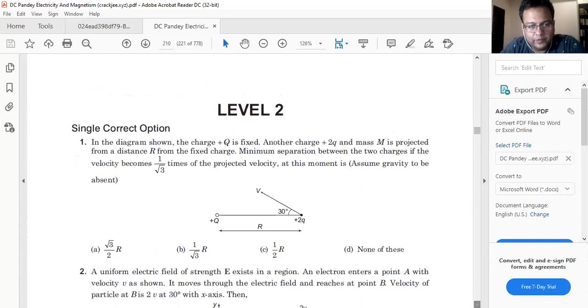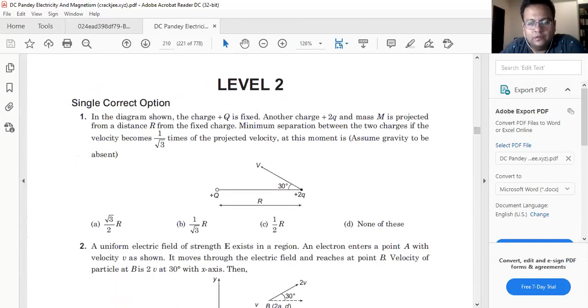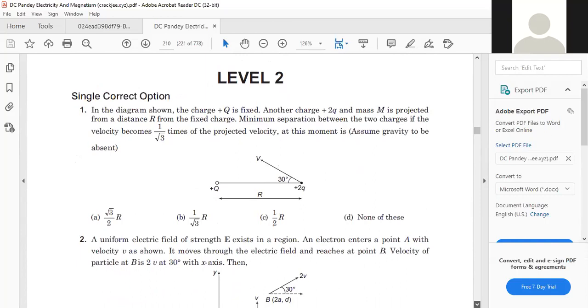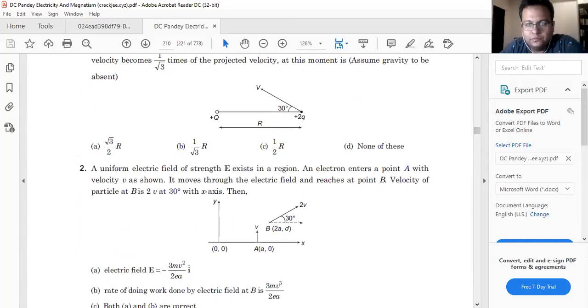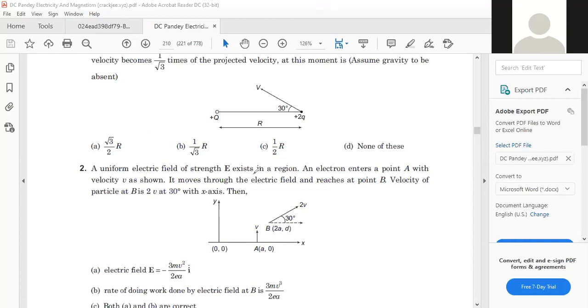Level 2 में objective में कोई questions हैं? So number 2. Question number 2. Yes, sir. Okay. You have to find out electric field. तो kinetic energy V से 2V हो गया speed. So I can say that the electric field exists in a region. तो ये 30 degrees है, तो ये वाला component 2V sin 30, तो ये V रहा.